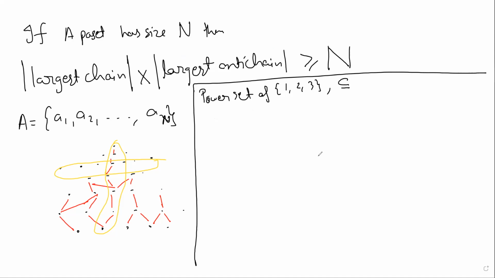So what would be right at the bottom in this? The empty set, right? We want something which is not bigger than anything, obviously the empty set. And then what will be on the next level? Anyone?